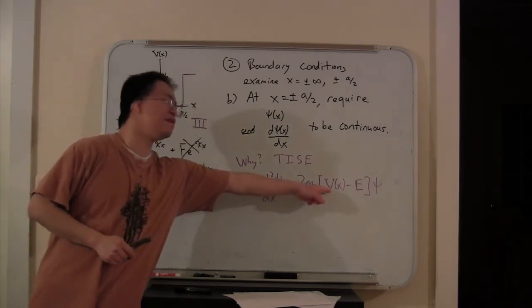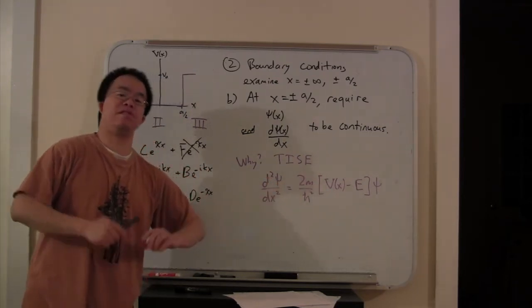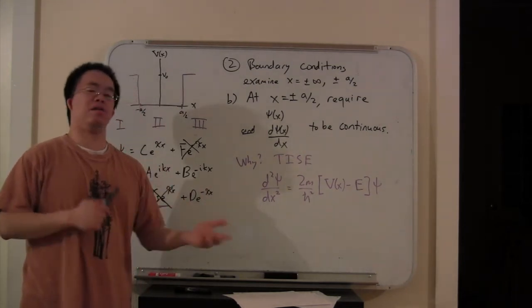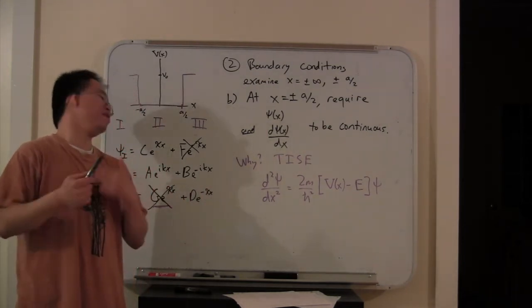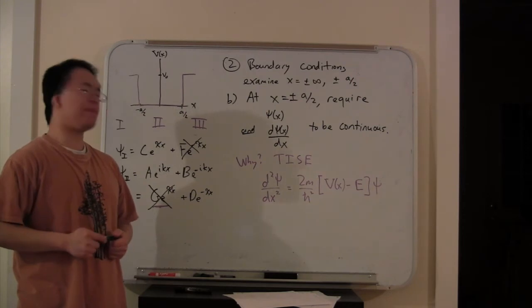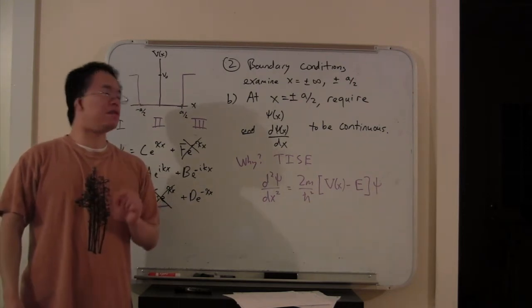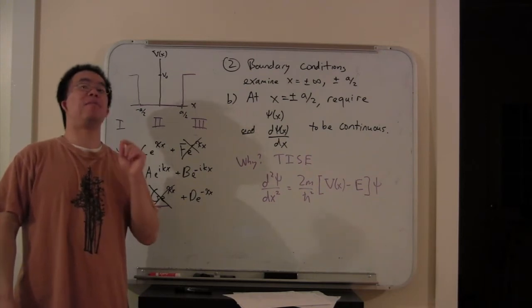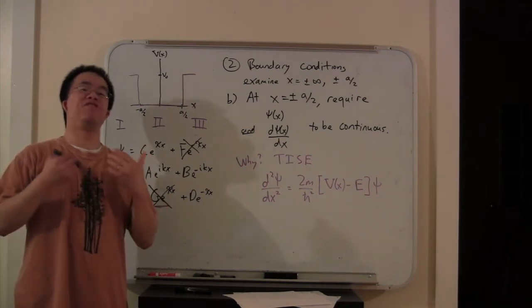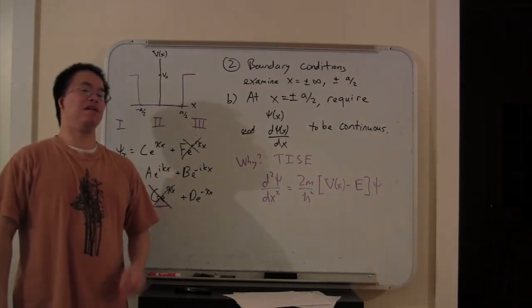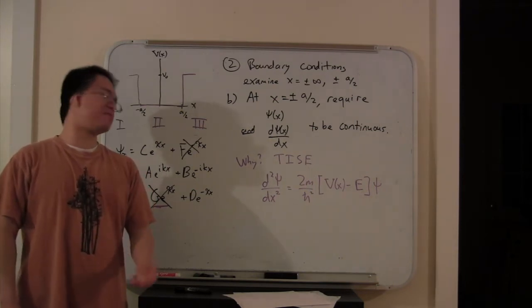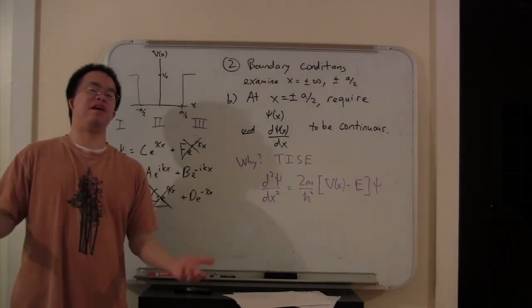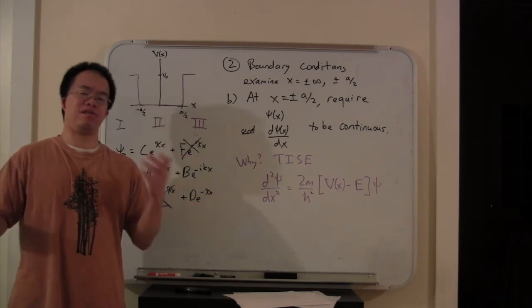So this is still completely general. I've let V, the potential energy, be just a function here, so I'm not assuming that it's 0 or a constant. So the argument I'm going to give applies anytime that my potential energy is finite. It didn't apply to the case of the infinite square well, because we had an infinite potential energy outside the well.